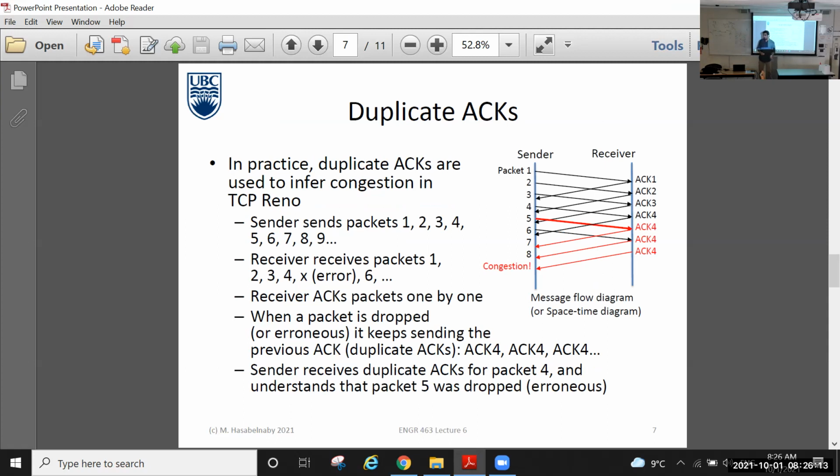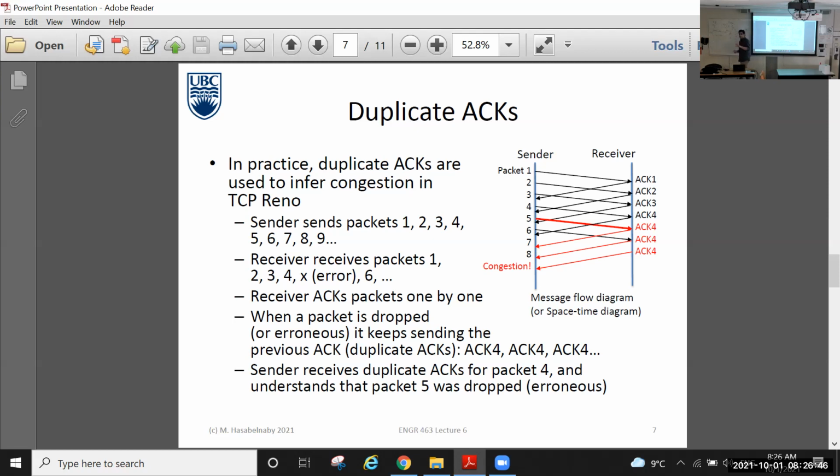Let's now talk about the packet loss based transmission control protocol. One way that the receiver can tell the sender that we have packet loss or a problem in a certain packet is by using duplicate acknowledgements. For example, I transmit packets 1, 2, 3, 4, 5, 6, 7, 8.